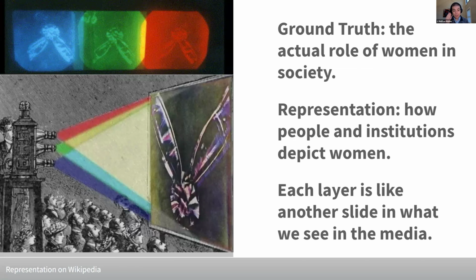When Maxwell learned that the human eye has receptors for blue, green, and red light, he realized he could make color photographs by taking pictures of each color and layering them on top of each other. Media is like that. There's the ground truth of actual people in their lives, and then there are the layers that form the picture we have through media. As it happened, Maxwell got it wrong.